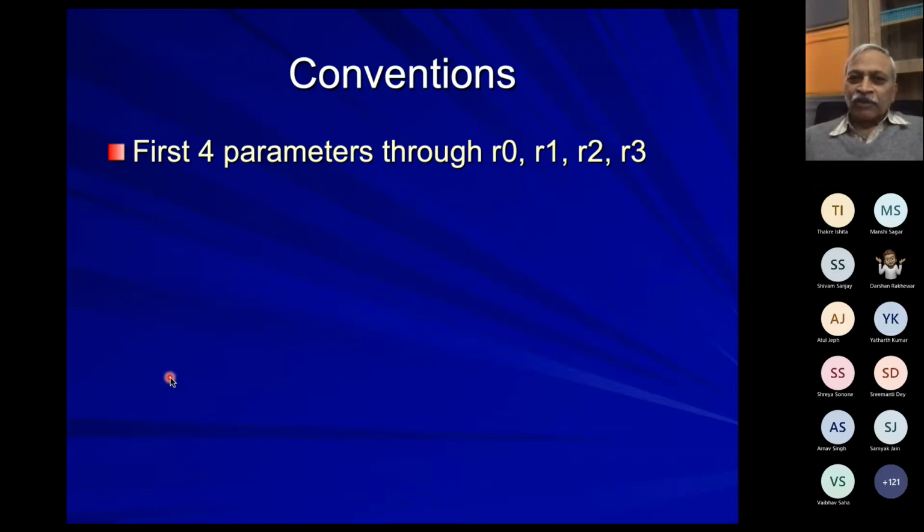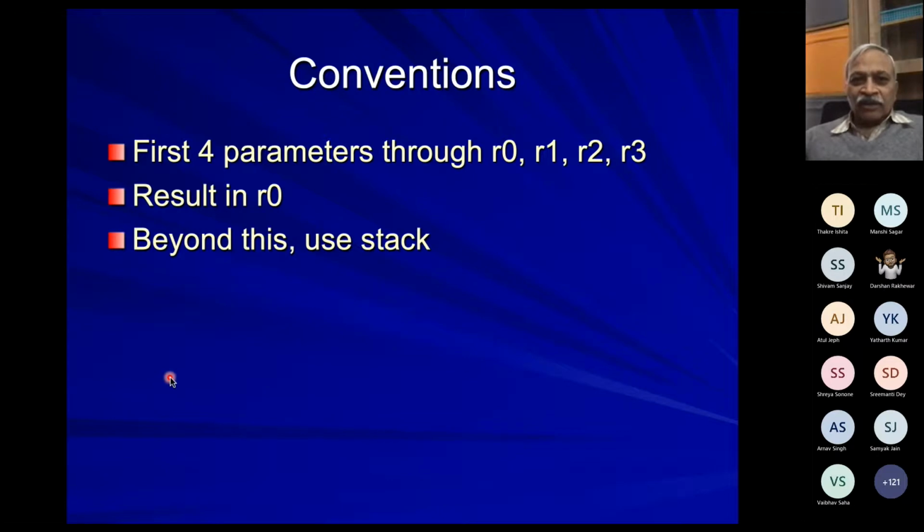It's up to the programmer. The idea of such convention is that a large program may be written by multiple programmers. So caller is written by one programmer, callee is written by another programmer, and these conventions will help them in coordinating. So first four parameters get passed through these registers, and the result comes back in R0.